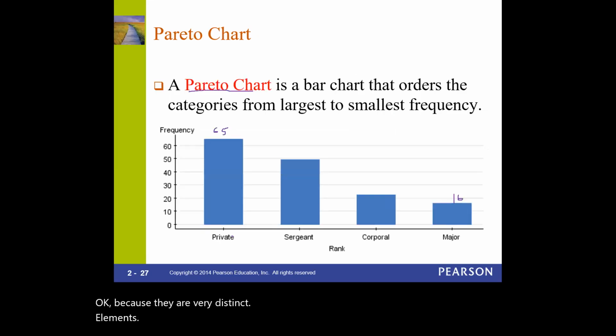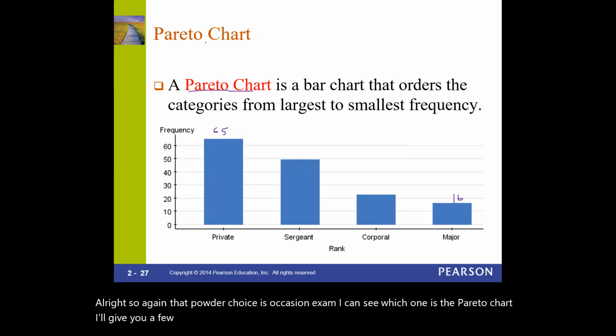So again, the Pareto chart is a question on the exam. I can ask which one is the Pareto chart. I'll give you a few examples, and you're going to say which one it is.